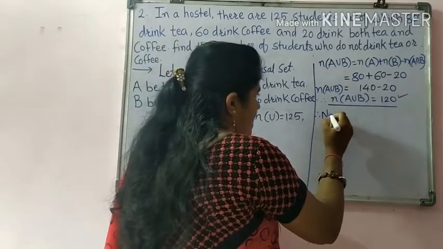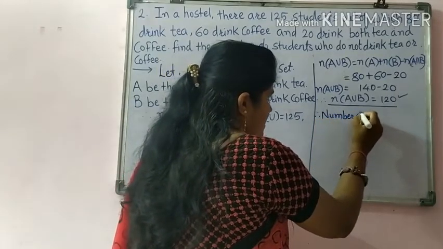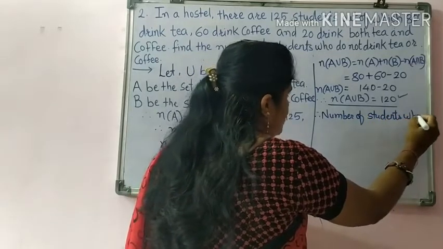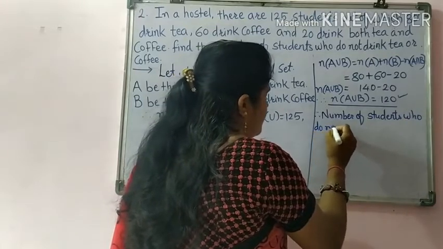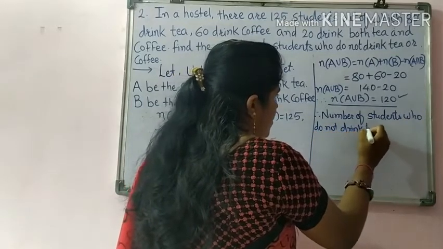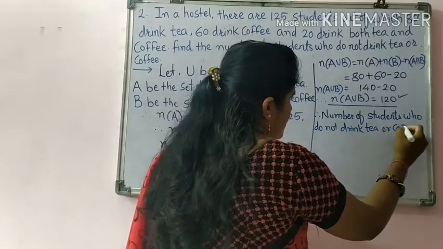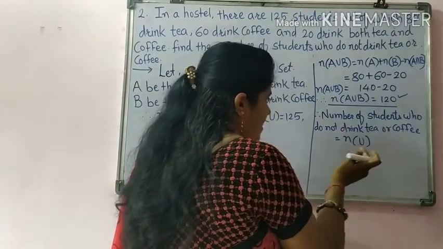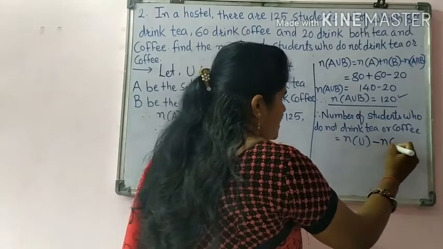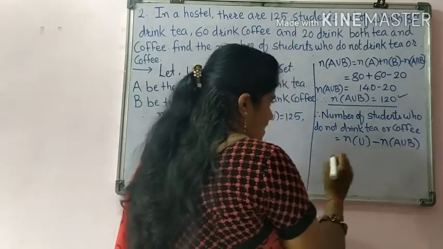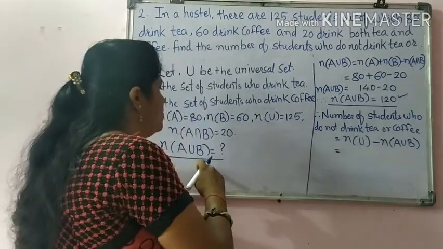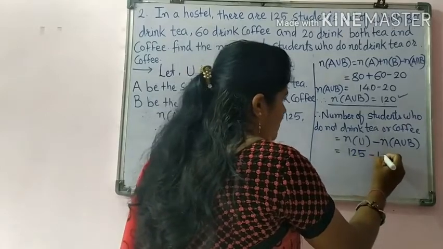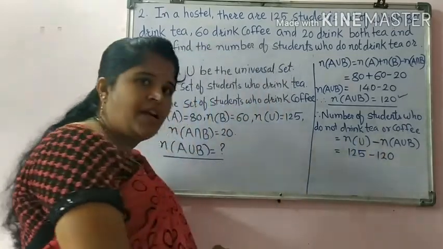Therefore, number of students who do not drink tea or coffee is equal to number of elements in universal set minus n of A union B. So this is equal to n of U, number of elements in universal set, is 125 minus n of A union B is 120.